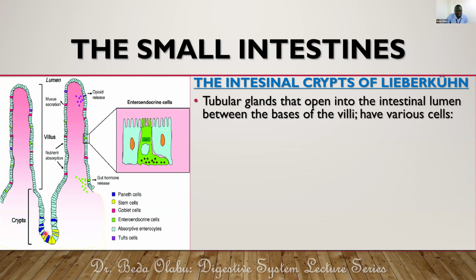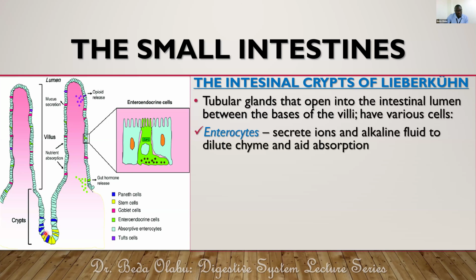There are several cell types within the cryptal epithelium. The enterocytes are still there. Now see the main difference between the enterocytes of the cryptal epithelium and the enterocytes of the villus epithelium in terms of function.